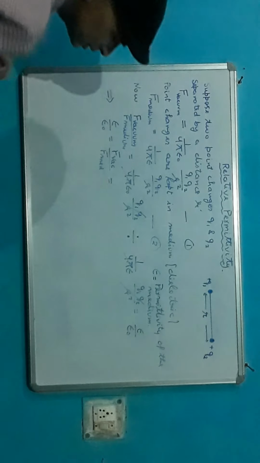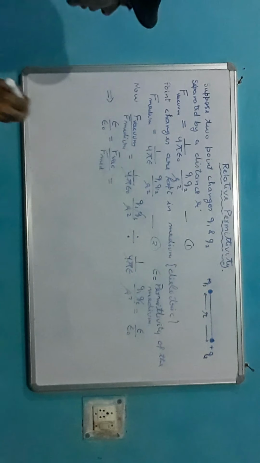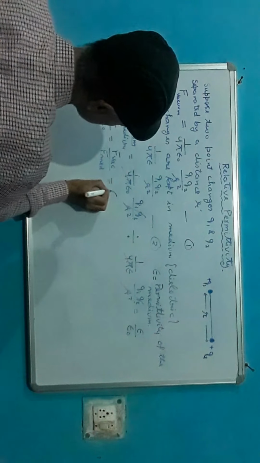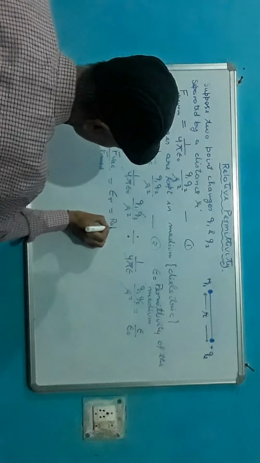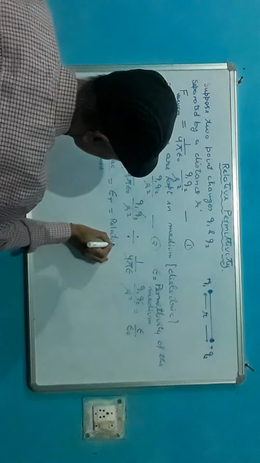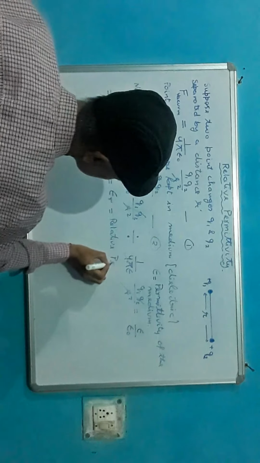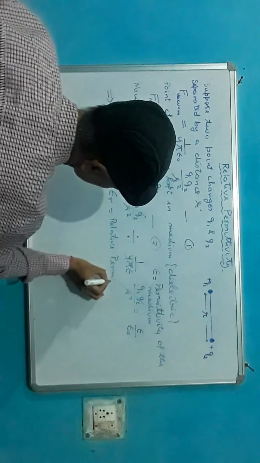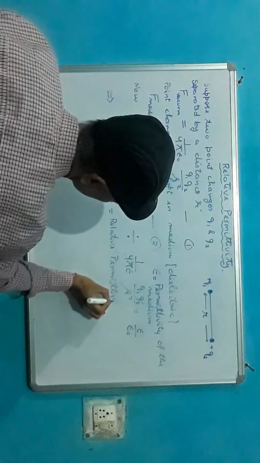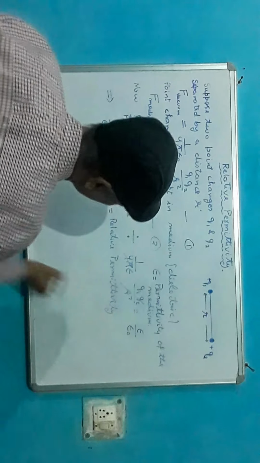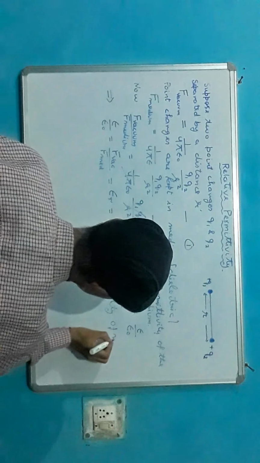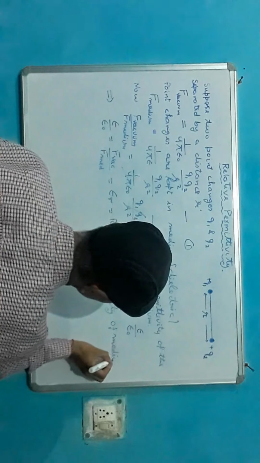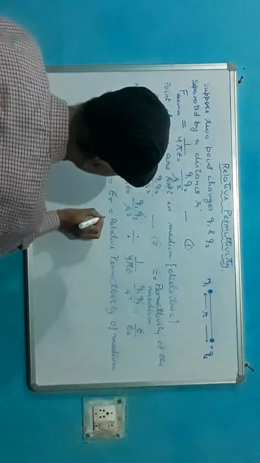Actually, this is a new physical quantity, known as epsilon r. It means relative permittivity. What is this? Relative permittivity of the medium with respect to vacuum.